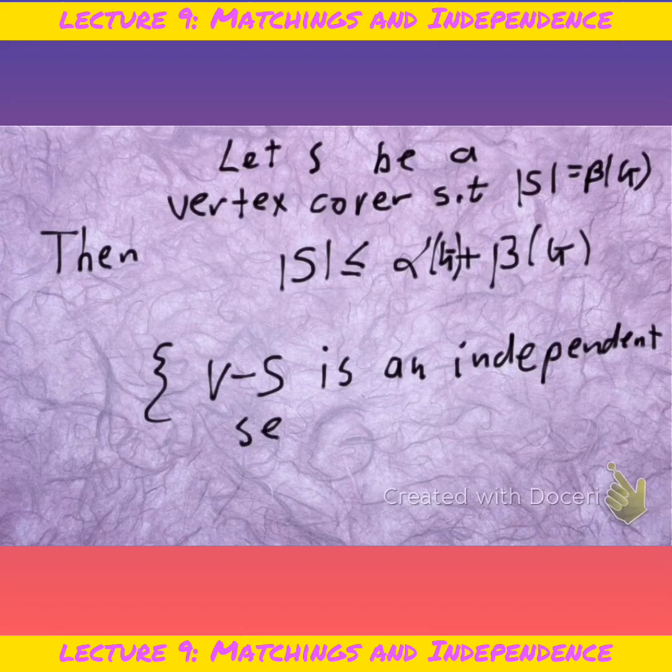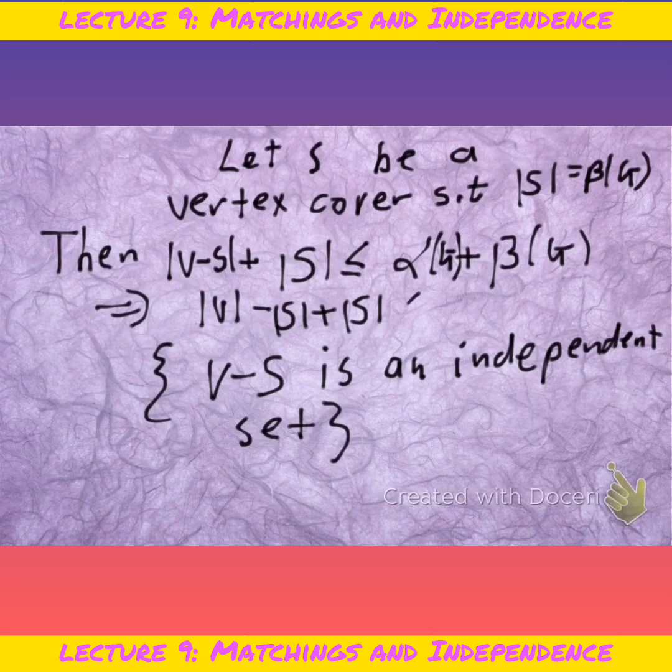And what is alpha of G? Alpha of G is the cardinality of the largest independent set. So alpha of G is at least the cardinality of V minus S. Okay, so that is going to imply that the cardinality of V minus S plus the cardinality of S is at most alpha of G plus beta of G, and that part there is equal to n.